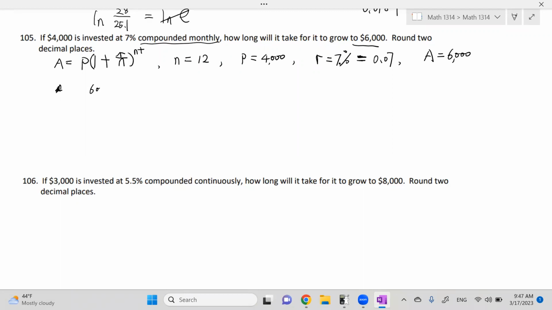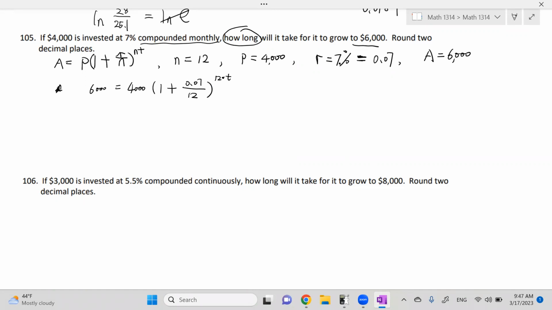A is 6,000, P is 4,000, 1 plus r over n, 0.07 over 12, raised to the 12t. The question is asking for the t. Let's solve for the t.